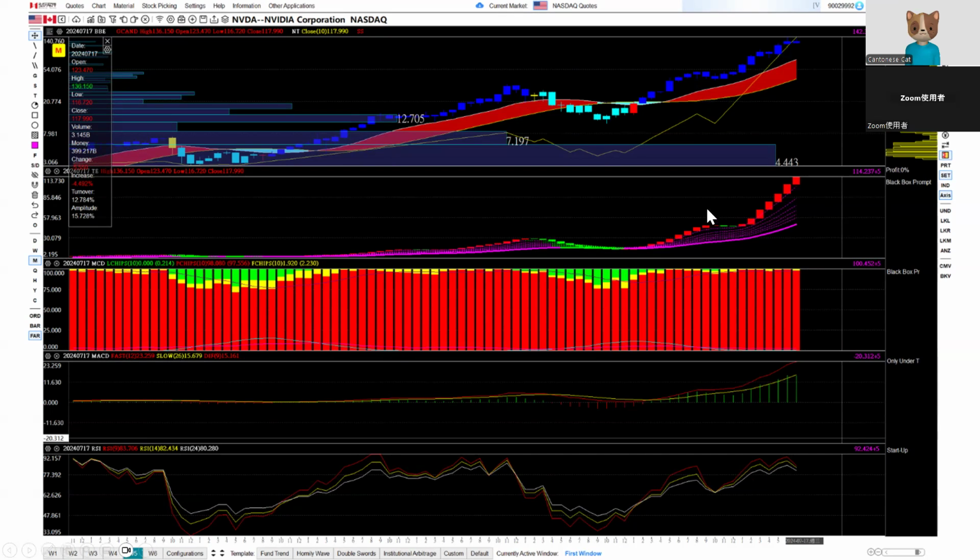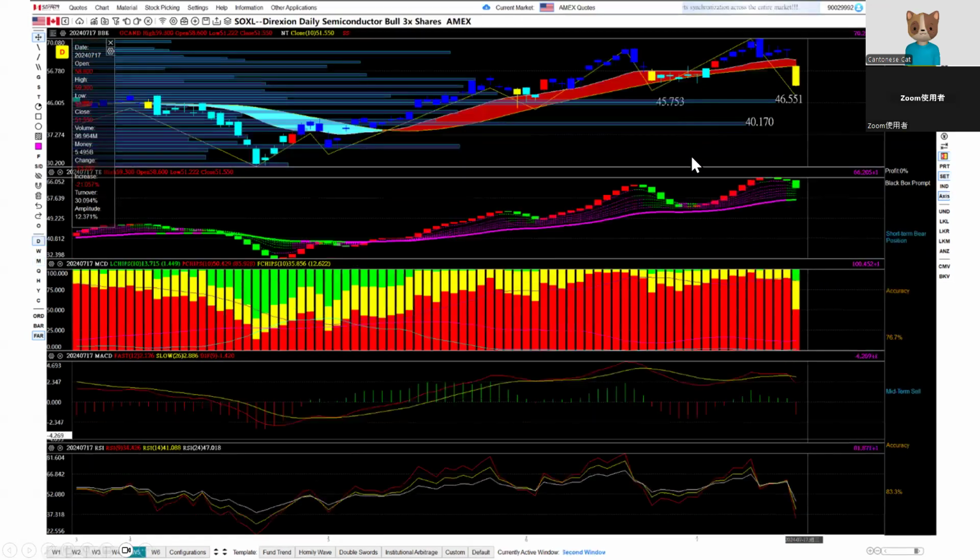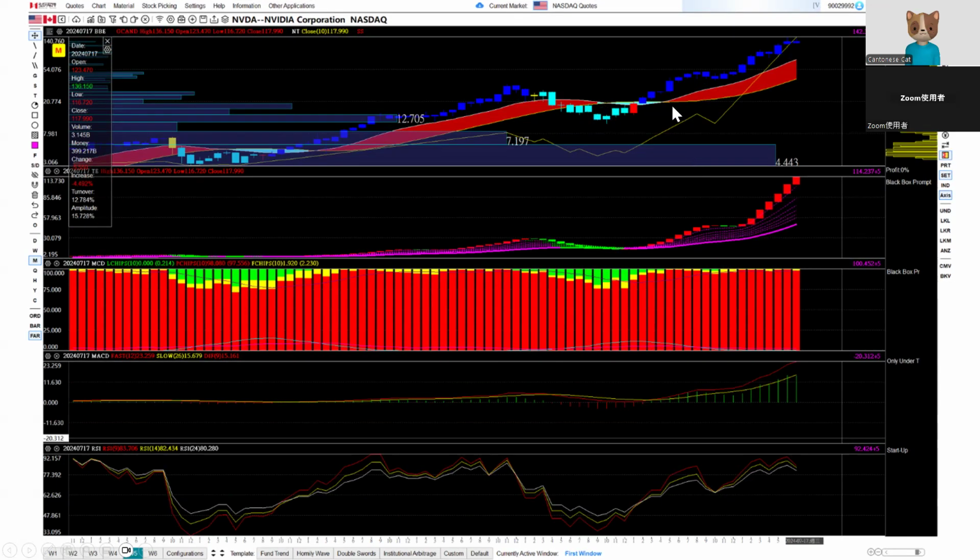Let's take a look at the monthly chart. Can we spot the blue ribbon? Now, when you see two signs, the blue ribbon which is tightening is the first sign of the stock bottoming out. However, we want double confirmation, so we want to find the red candle in the blue ribbon.